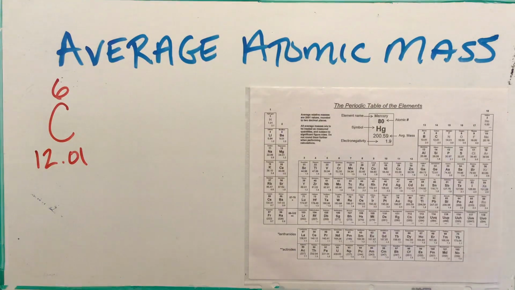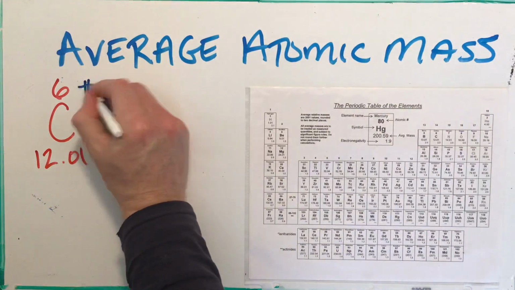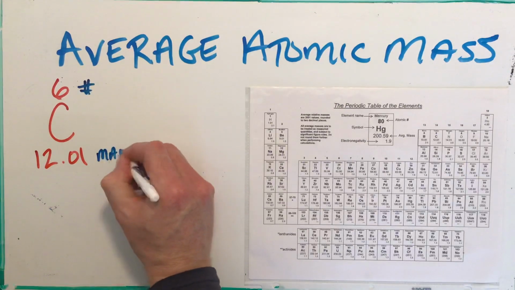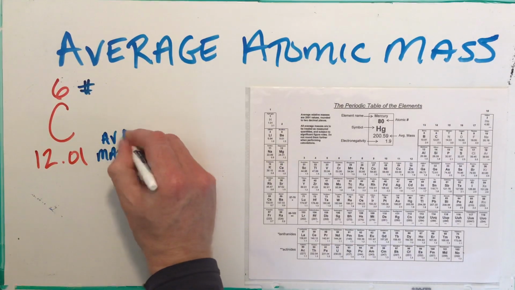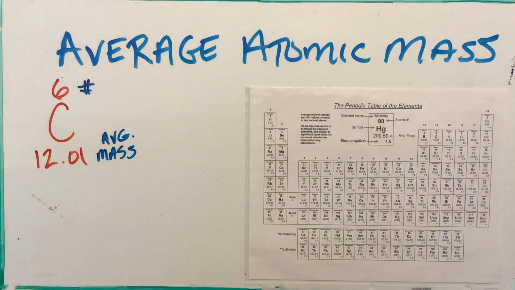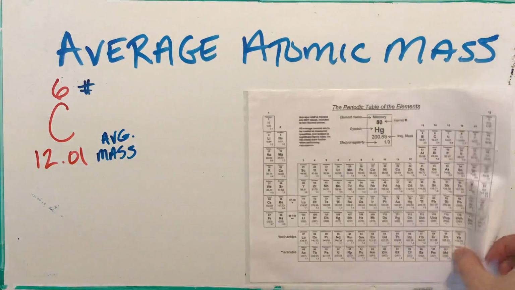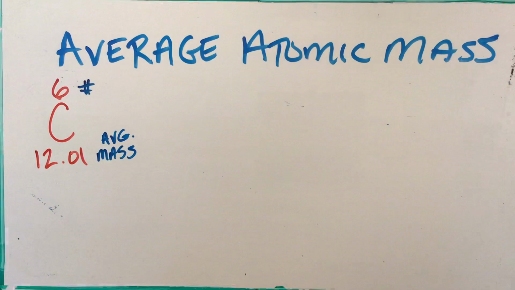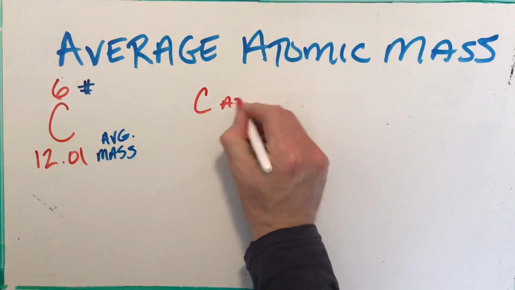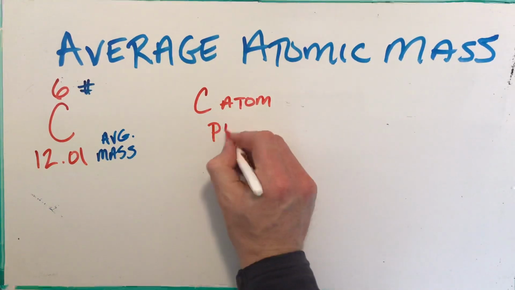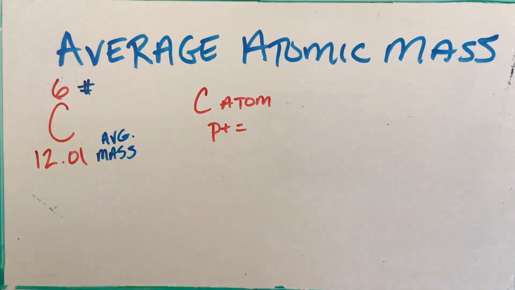All right, little side notes. This is the atomic number. This is the average mass. All right. So if I look at an atom of carbon and I look at the makeup of it, the number of protons, you guys figured out how to do this in grade 9, maybe even earlier.